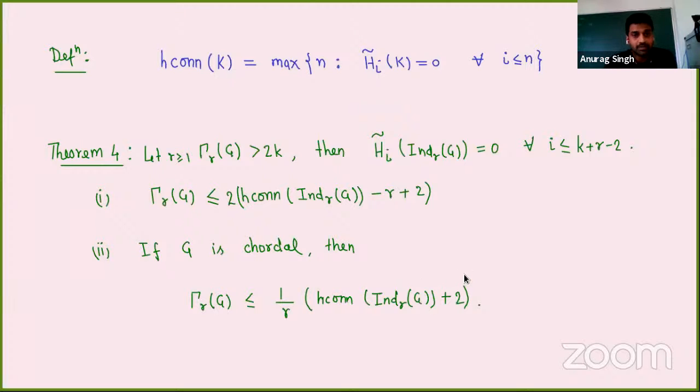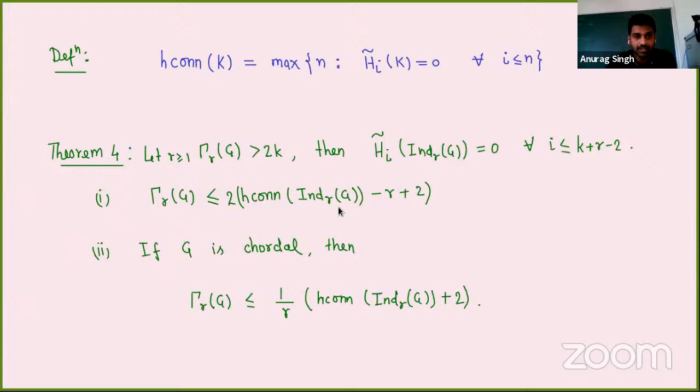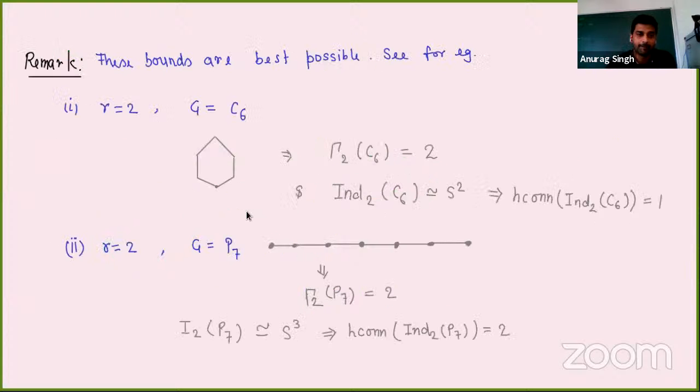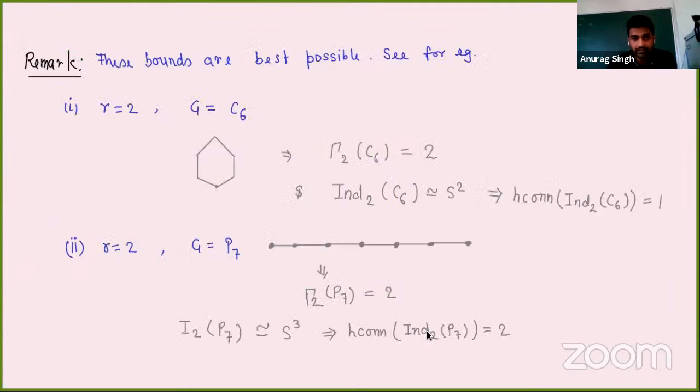Also, there are examples when these bounds are tight. What do I mean by that? These bounds cannot be improved, so these bounds are best possible. For example, if you take r equal to 2 and G equal to C6, then the 2-distance domination number of C6 is 2, and the quantity on the right hand side that we have is again 2. Also, when G is chordal, this bound is also tight.